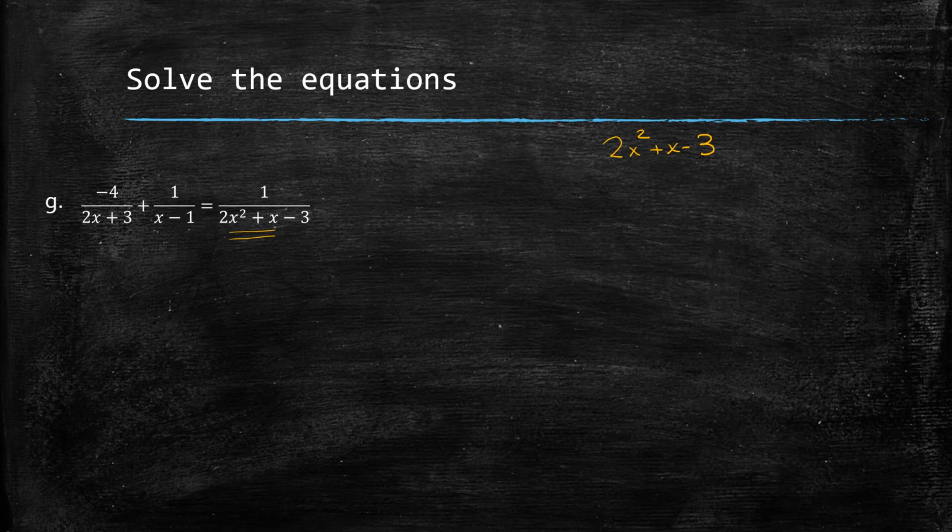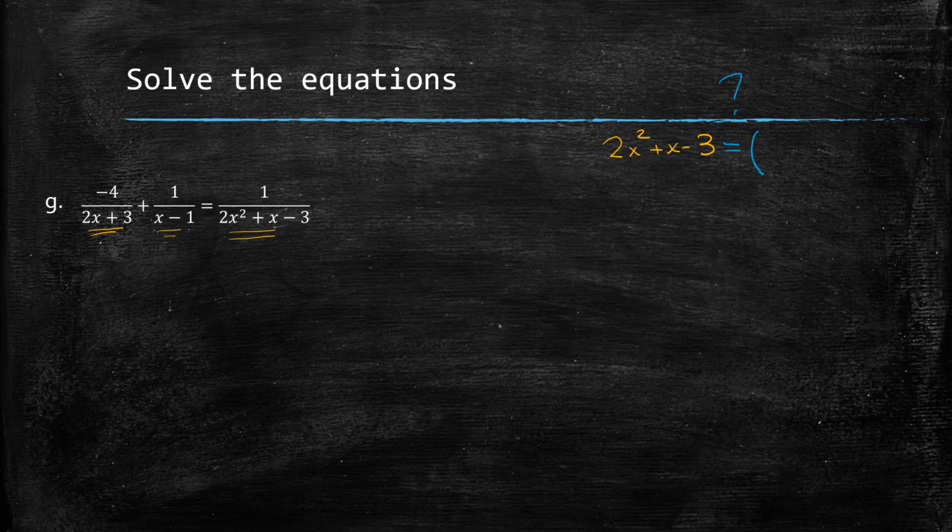What we could do is simply use a guess and check method. The problems in the textbook and in MyLab Math are kind of contrived to work out nicely, right? So notice on the left-hand side, I have a 2x plus 3 and then an x minus 1. So let's just take a guess and see if that's how this factors.